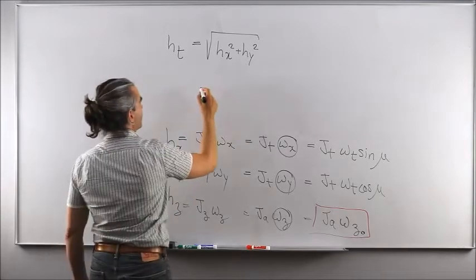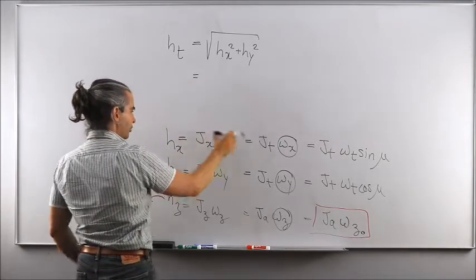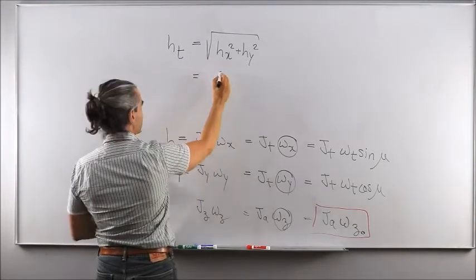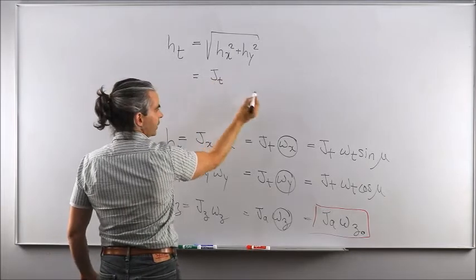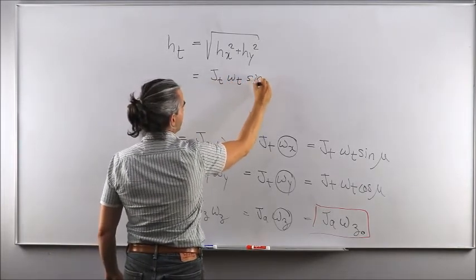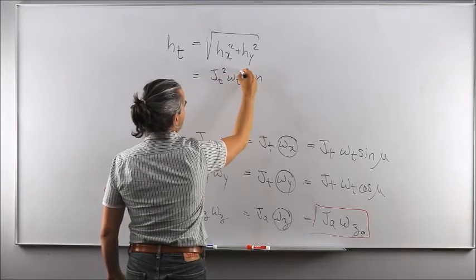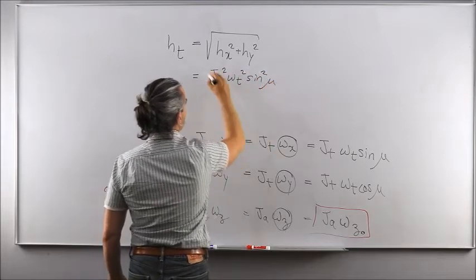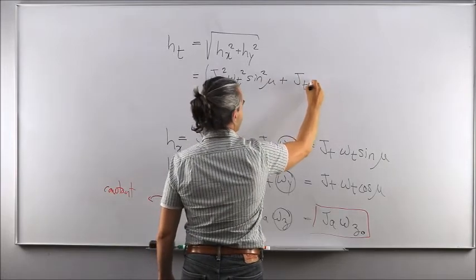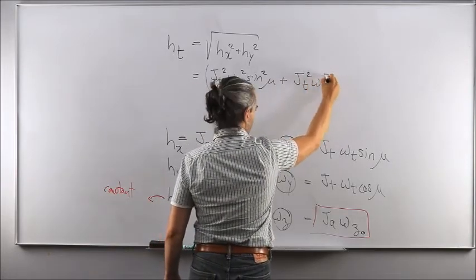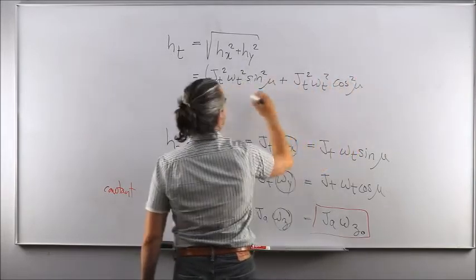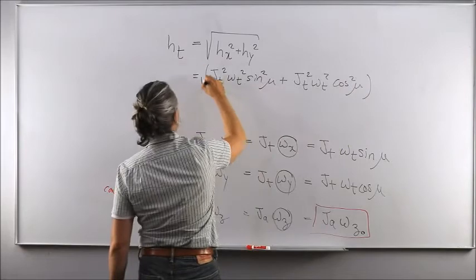Such that we could use these and rewrite ht as being equal to the square root of Jt omega t sine mu squared plus Jt omega t cos mu squared.